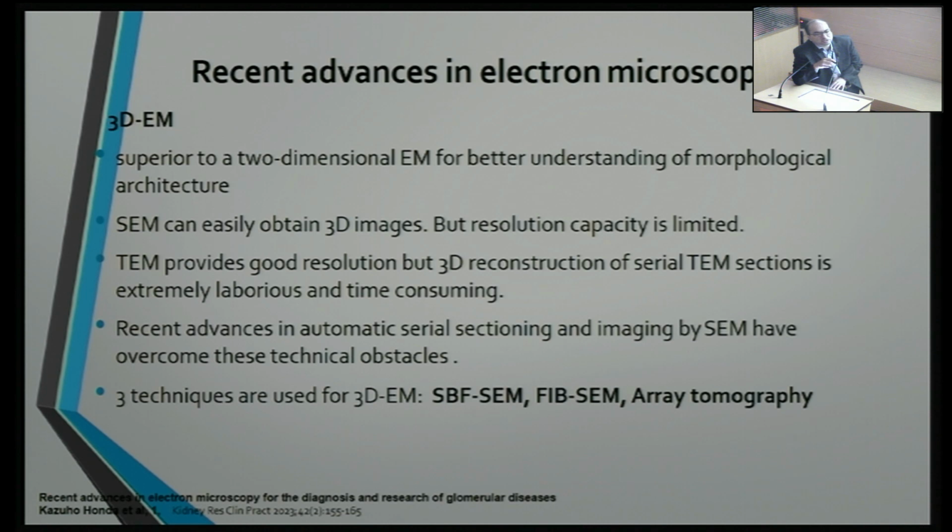Automated 3D reconstruction is done by the software. This provides automated 3D reconstructed images which help in a good morphological understanding of the ultrastructural alteration. Key techniques used for 3D electron microscopy are focused ion beam SEM, serial block face SEM, and array tomography.